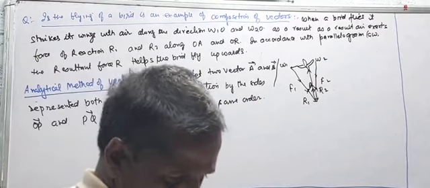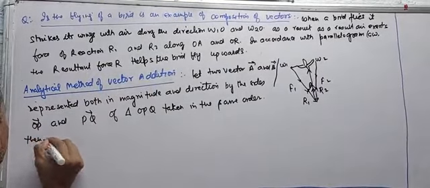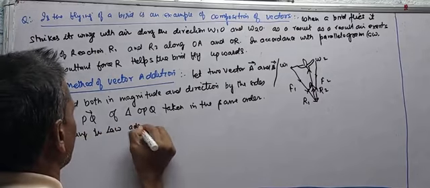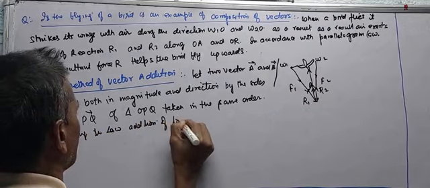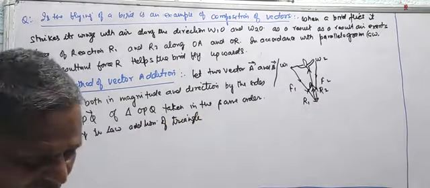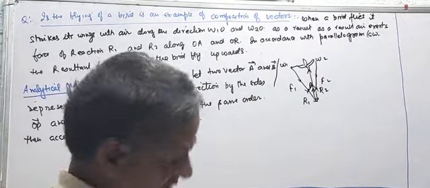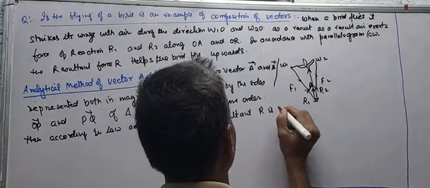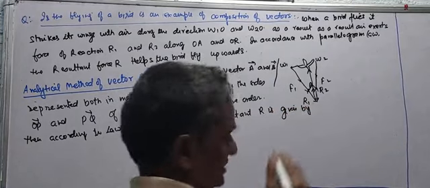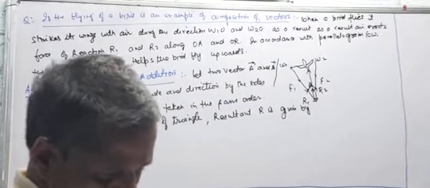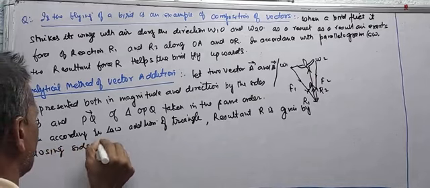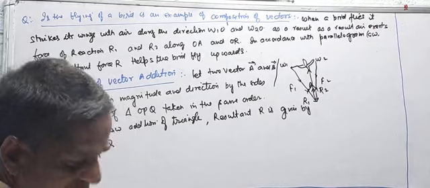Then according to the law of addition of triangle, the resultant R is given by the closing side OQ taken in the reverse order.